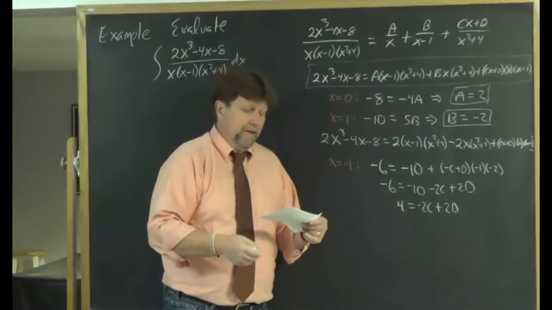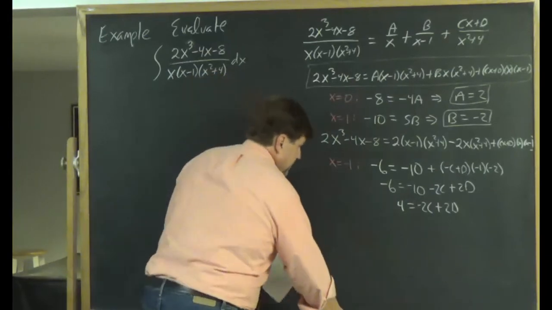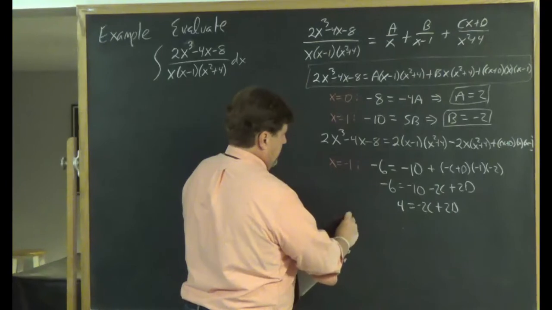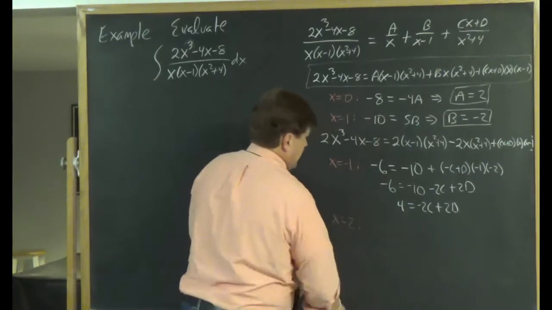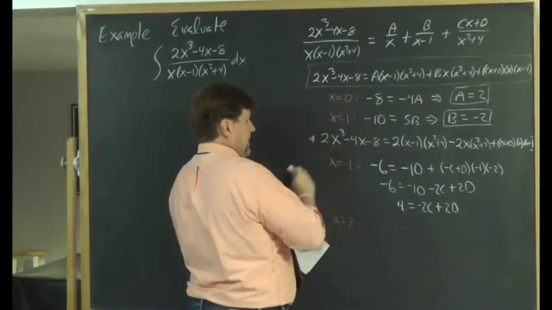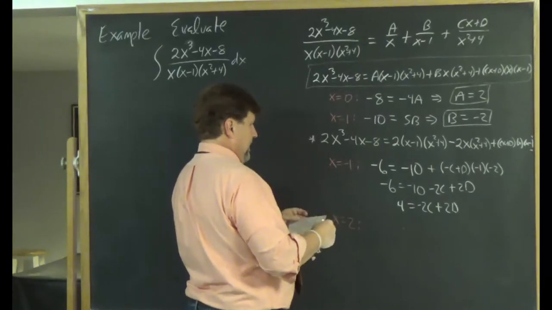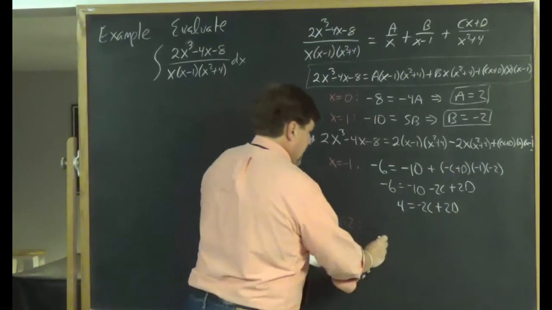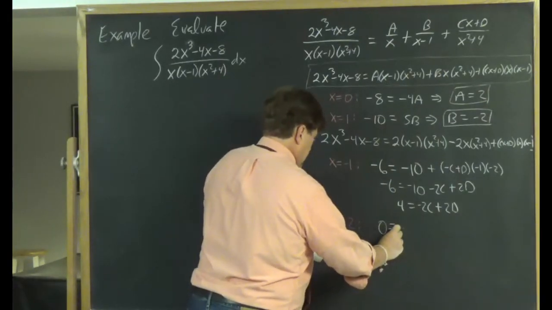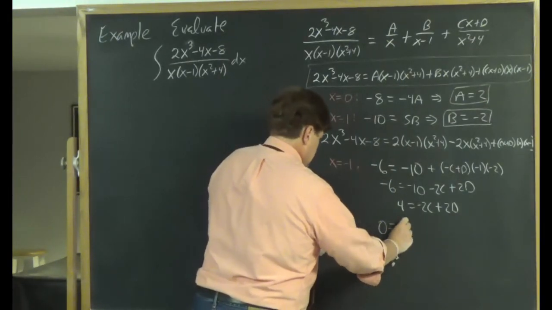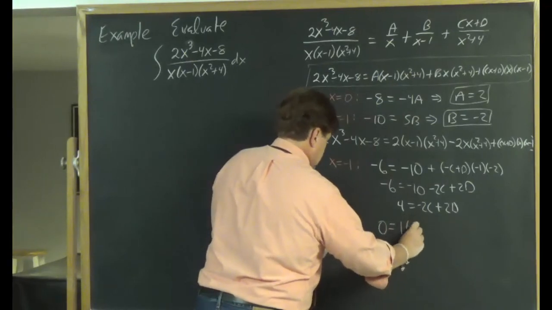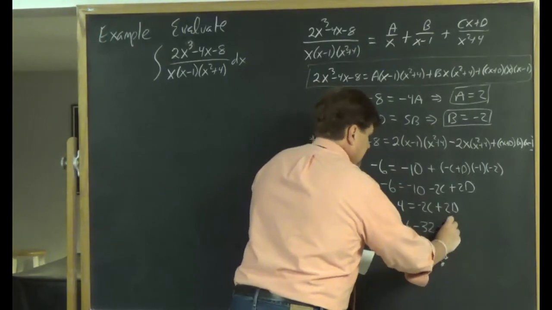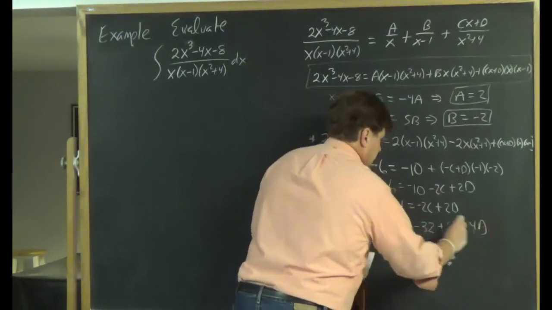I now need to pick another value for x. This time I'm going to pick x equals 2. Keep in mind, I'm tossing it into this equation. When I toss 2 into this equation for x, I'll end up with 0 equals 16 minus 32 plus a 4c plus a 4d.